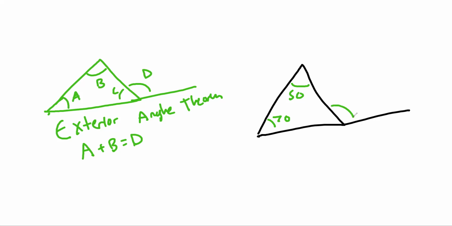Remember, we already did this one, so we know what it's going to be, but we can still check, right? So here, I could see the linear pair, and I could see the interior angle, and I could do it the long way, or I can just see I have the exterior angle theorem. So this is going to be 50 plus 70 equals 120. Look how quick that was, right? That's all you got to do for these kinds of problems.